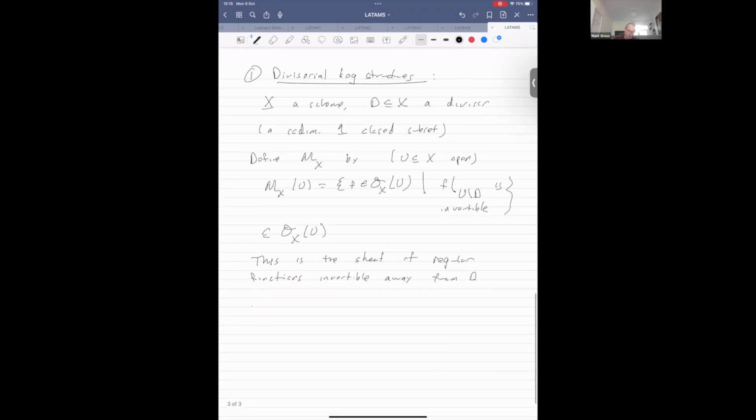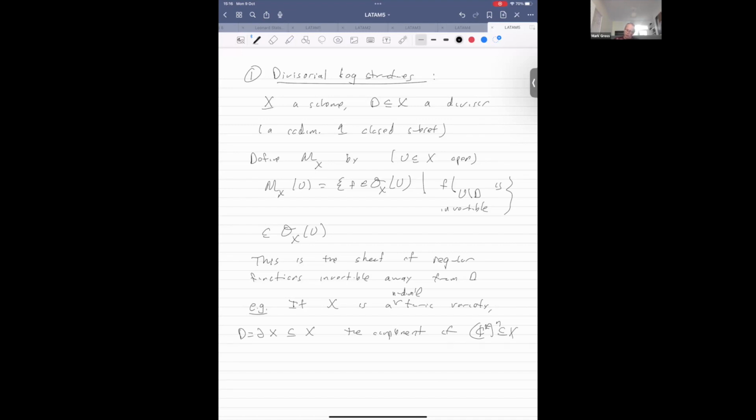So for example, if X is a toric variety, and I'll write boundary of X, let's take D to be the boundary of X, the complement of the big torus C star to the N inside X. It's the n-dimensional toric variety.